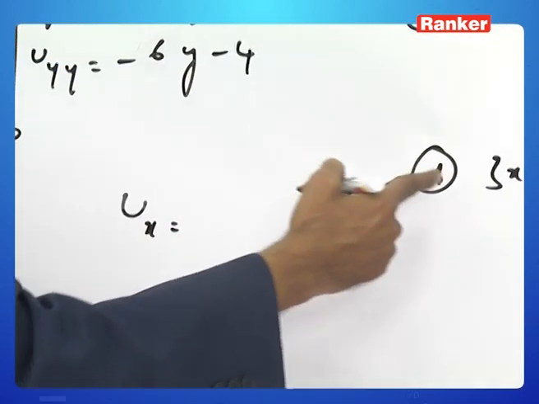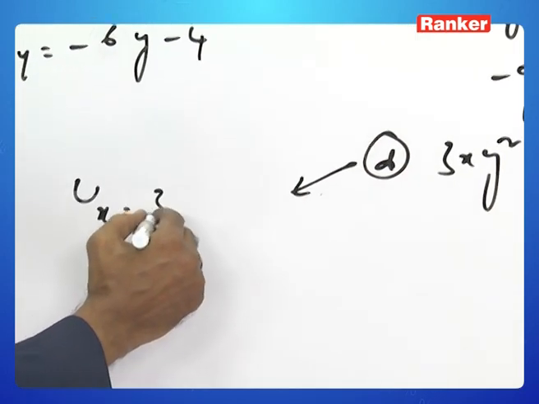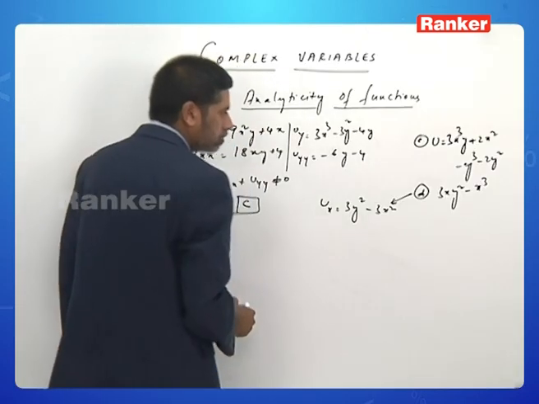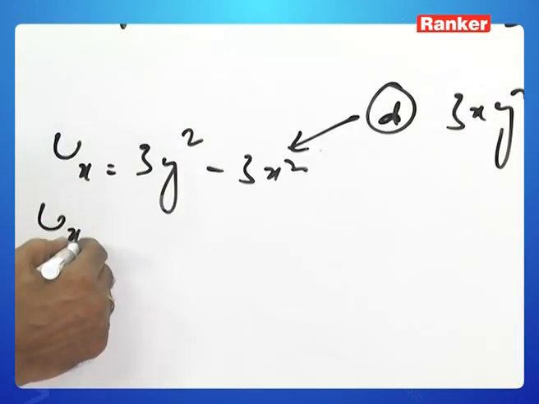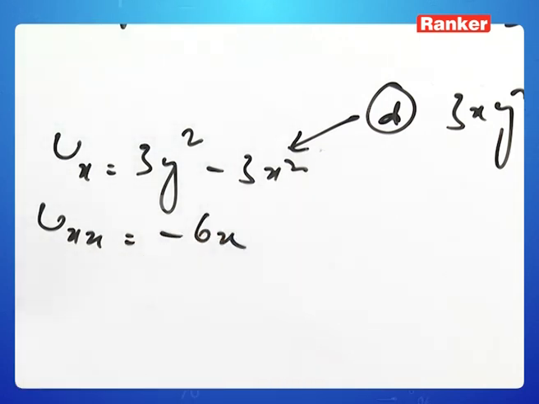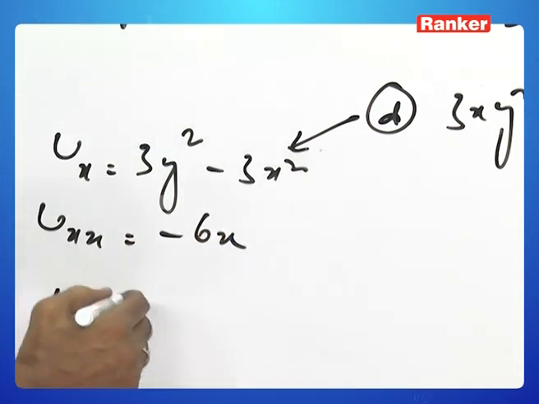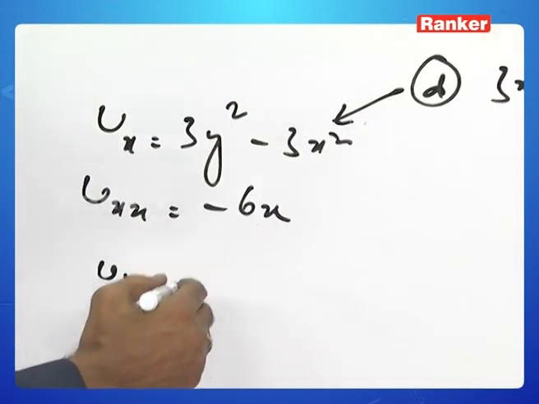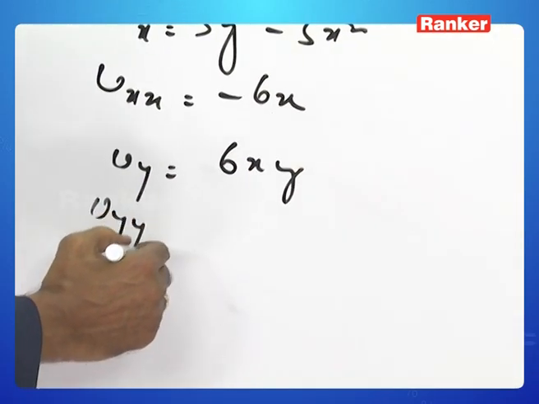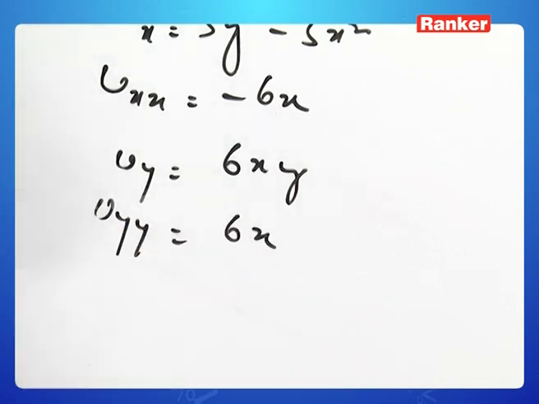Treating this, ux will be 3y square minus 3x squared. uxx is equal to, this is 0, minus 6x. uy is equal to 6xy. uyy is equal to 6x.